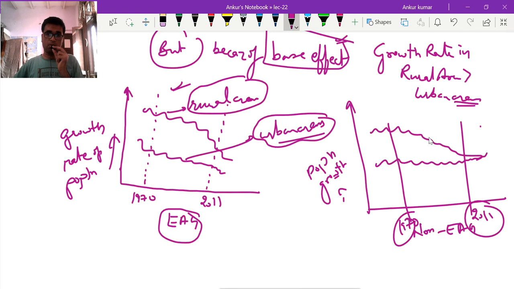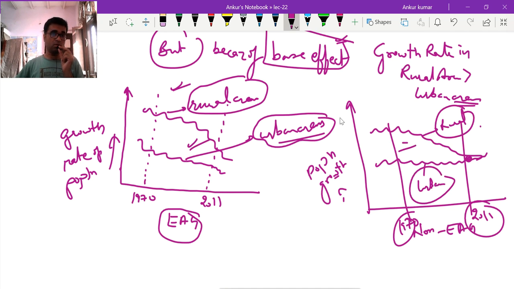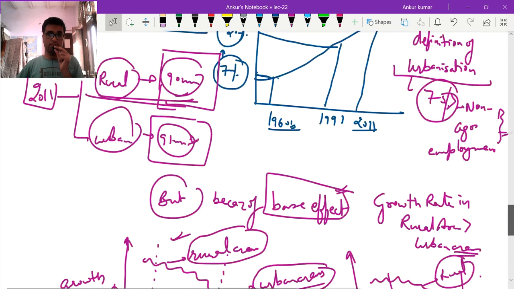The rural area population growth and the urban area population growth have picked up in 2011. That means the gap between the EAG states and the non-EAG states is very vast in terms of the population addition and the population growth rate. So this is how we explain the temporal pattern of urbanization in India.